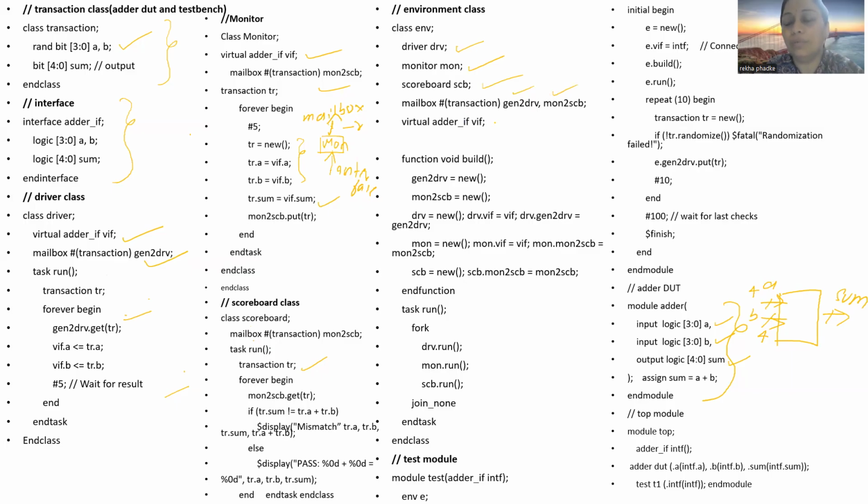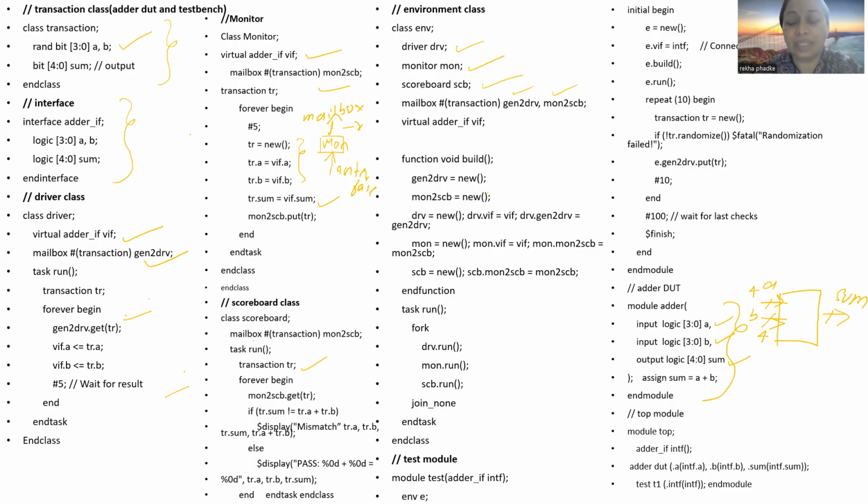Then we have this interface, which we have to declare as virtual because we are in the class environment. And then in the environment class, we'll be building all these things by calling a new function. It's a constructor. So when I call the constructor, I'm actually allocating memory for these components, right?